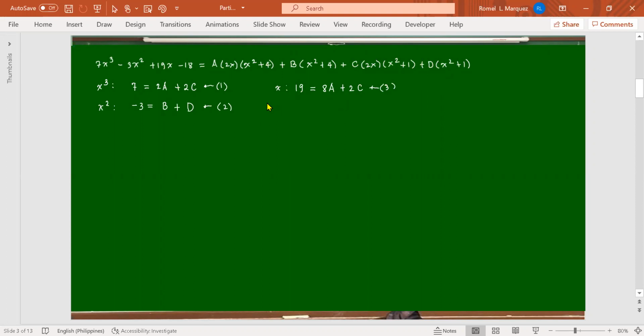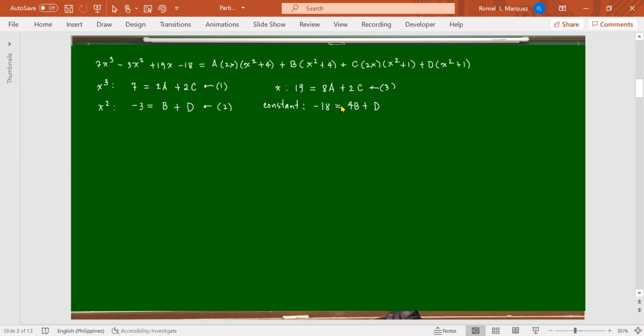And then for the constant term, on the left side, we have -18. On the right side, the constant terms are 4b and d. So when we add them, we get 4b plus d.